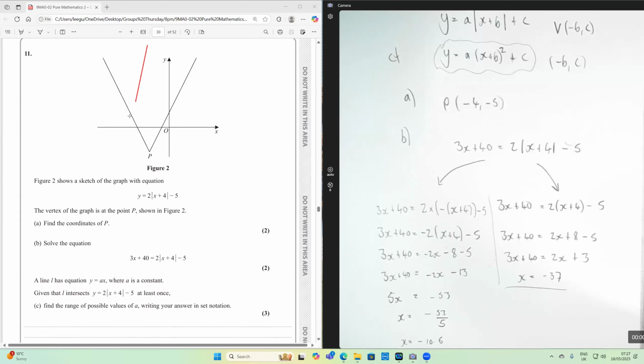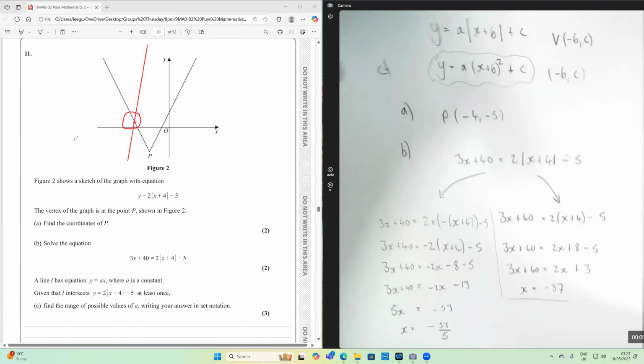So let's just say it's something like that. Make sure it's steeper than that one. This has a gradient here of 2, so I've just represented that as being a steeper gradient there. And so you can see from that we've actually got just this one point of intersection here. So we've only got one point of intersection there, like that, okay? We haven't actually got 2 points of intersection.